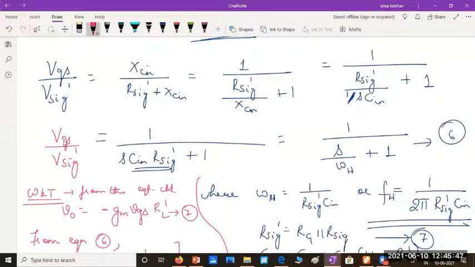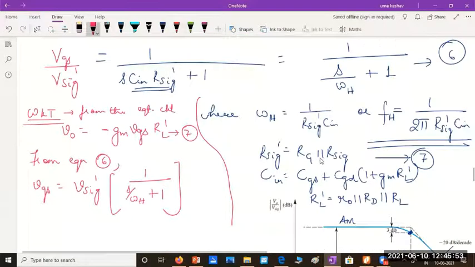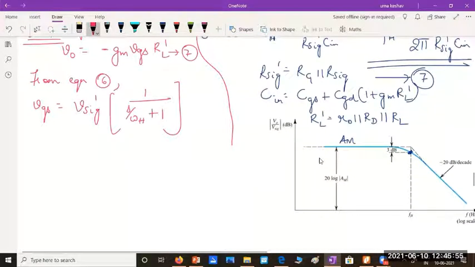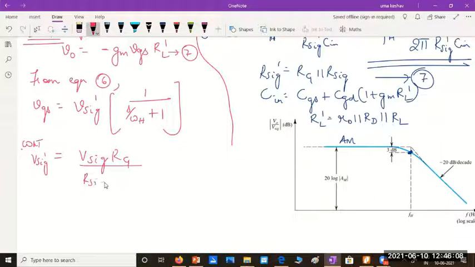See, this is VGS by V sig dash, and VGS could be written as V sig dash into this whole thing. That's all I'm writing it as. And what is the value of V sig dash? What is V sig dash? V sig dash is V sig into RG by R sig plus RG. The voltage divider rule.